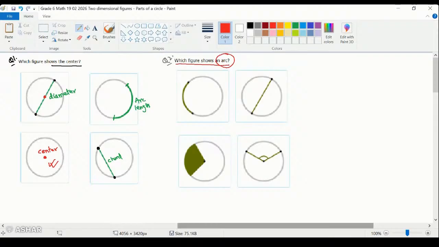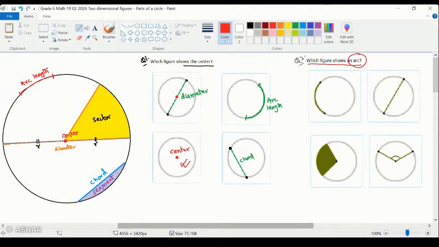We know that an arc is always the part of the outer length. So which shape has the part of the outer length? Can we say this shape shows the arc? Agreed? Top left.